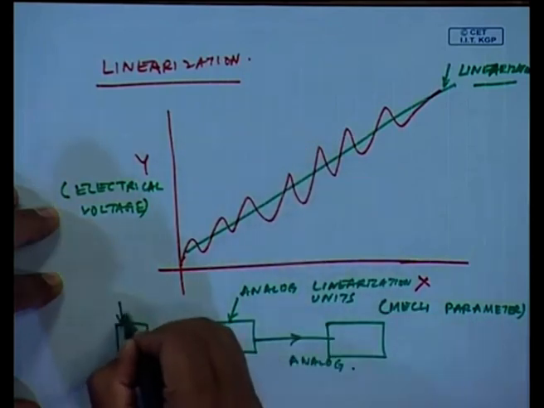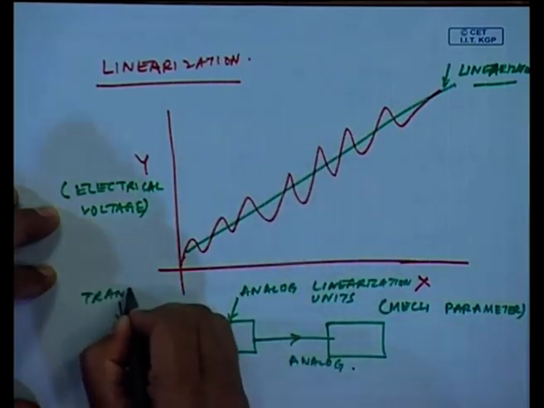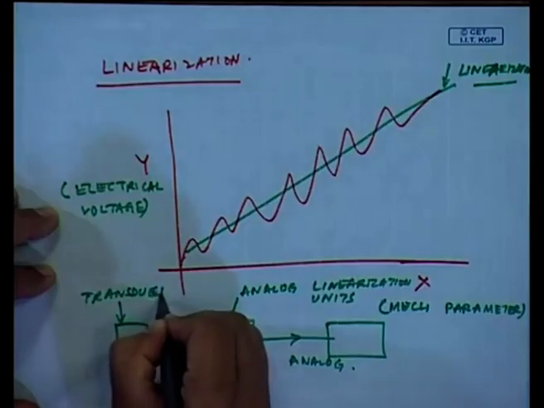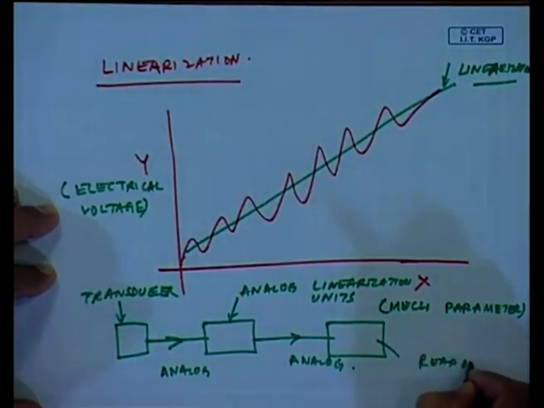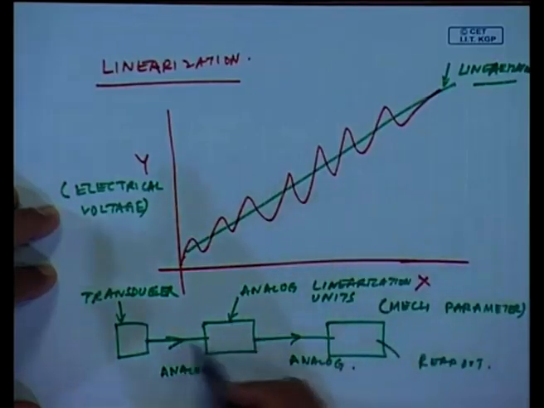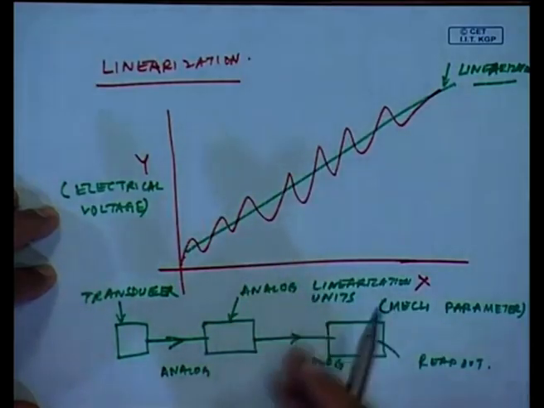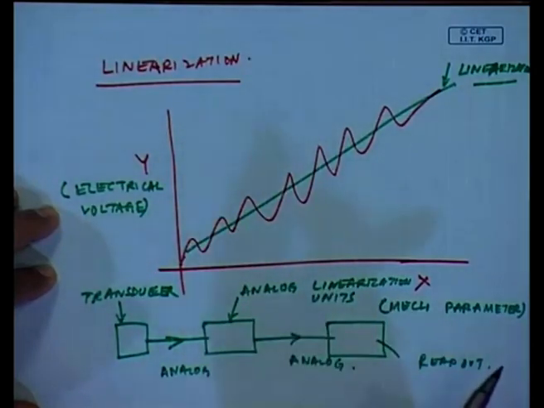These are my transducers and the readout unit. Okay. So, because the signals are analog, we have to have certain sets of electronics to do the linearization.